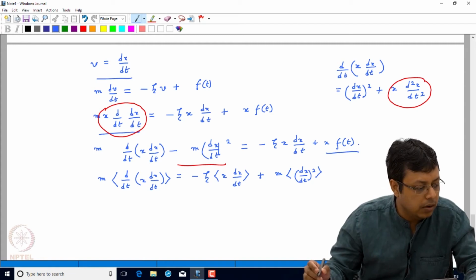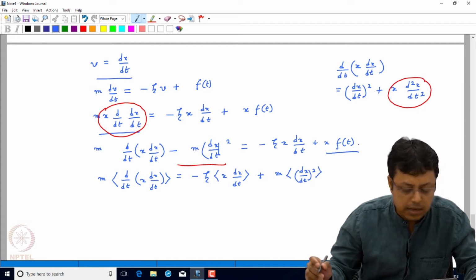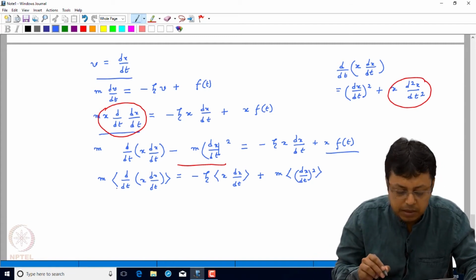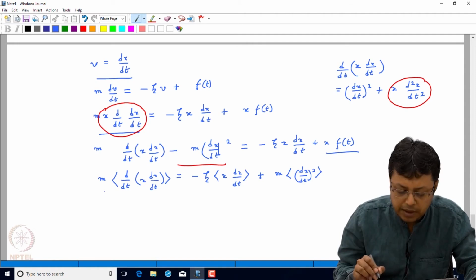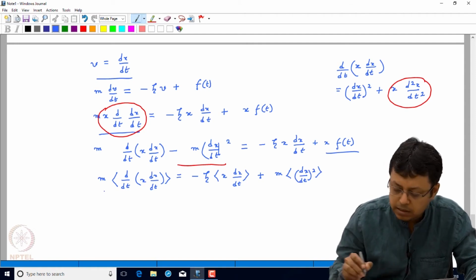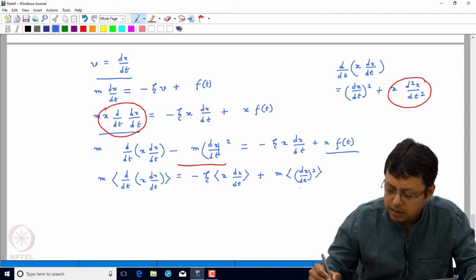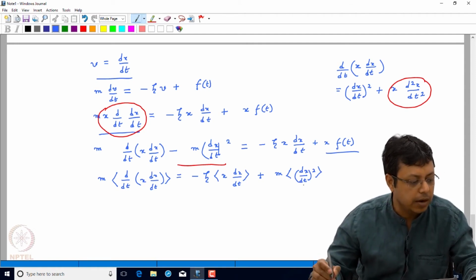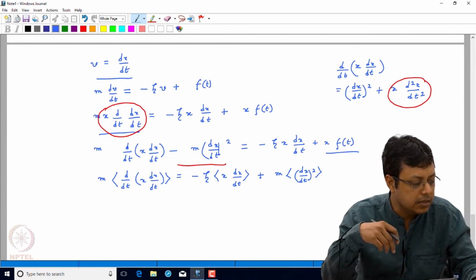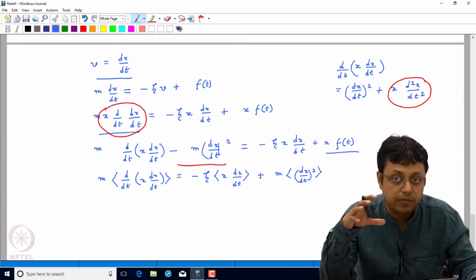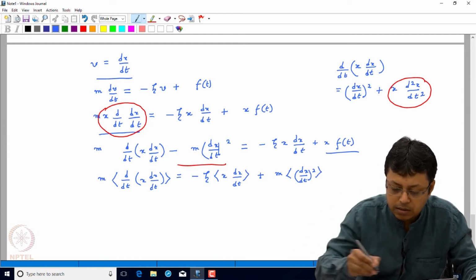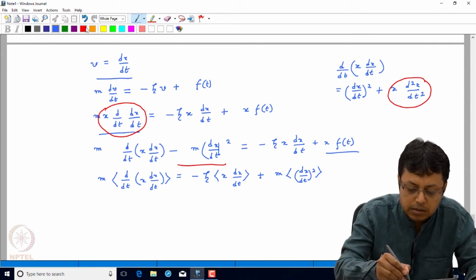So what is interesting now is basically I have m times d/dt of x into dx/dt, and now you see that (dx/dt) squared. Now dx/dt is v, right? We actually wrote it very earlier.